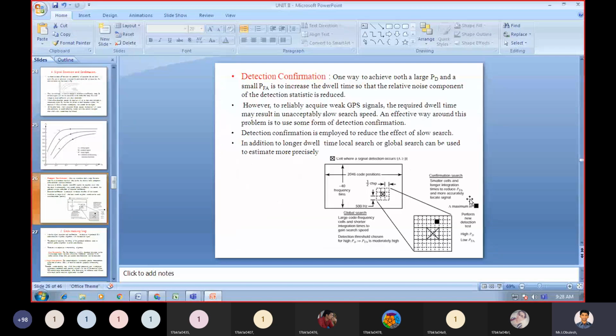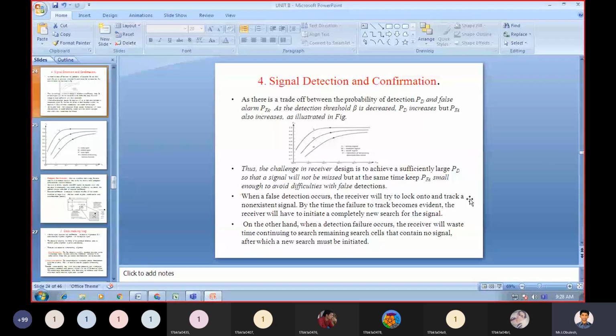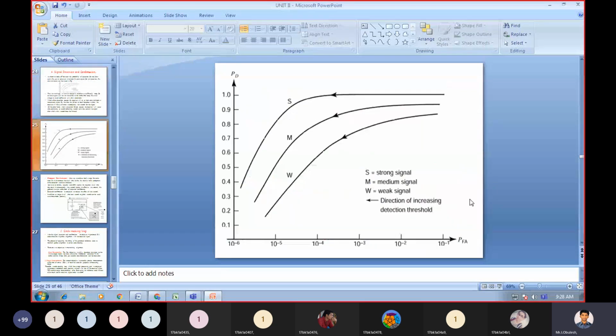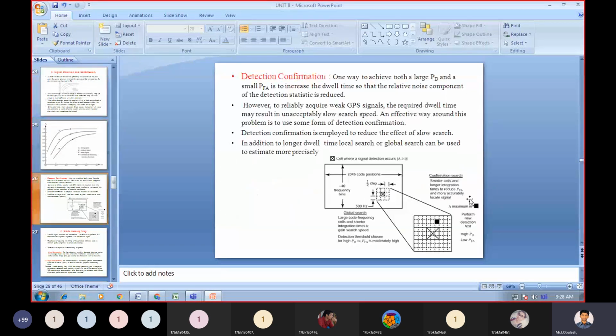So this is the diagram, we know it. Next, detection confirmation. Up to now we discussed signal detection only. Now we need to confirm the detection.